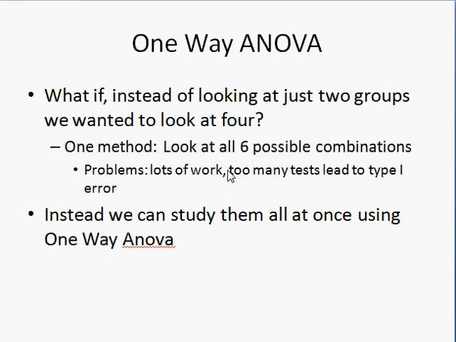Now we've got a pretty significant chance of making a wrong conclusion, and we don't like to make wrong conclusions. We want to minimize our type 1 error if we can. So it would be nice to be able to systematically look at tests with more than two groups, and one way to do that is the one-way ANOVA.